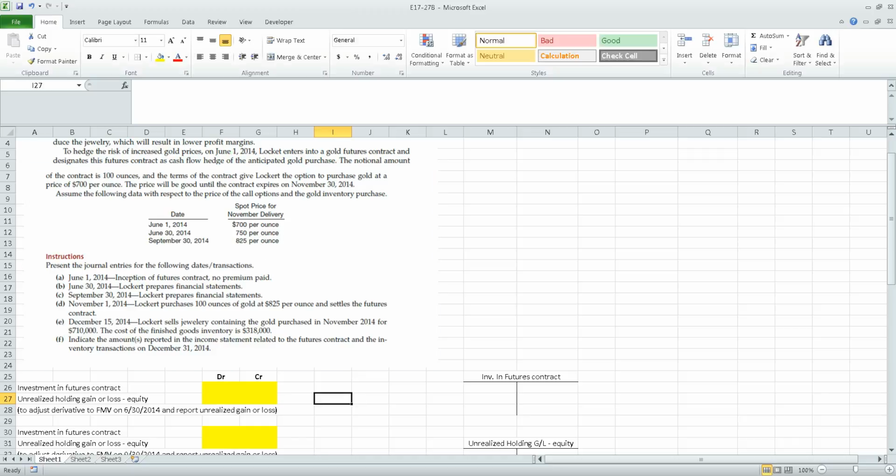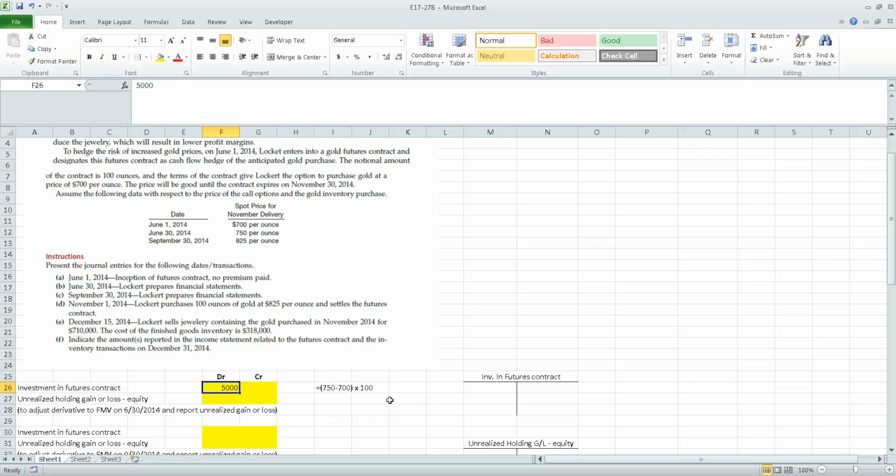So the value of our derivative on that date is equal to the excess of the market price over the price that the futures contract says that we can buy gold, times the number of ounces included in the notional contract. Or we've got $5,000 is the value of the investment.